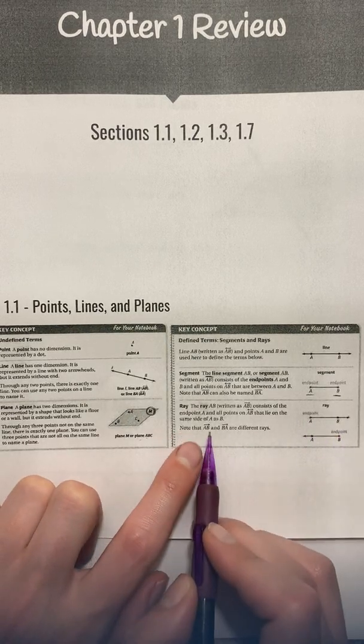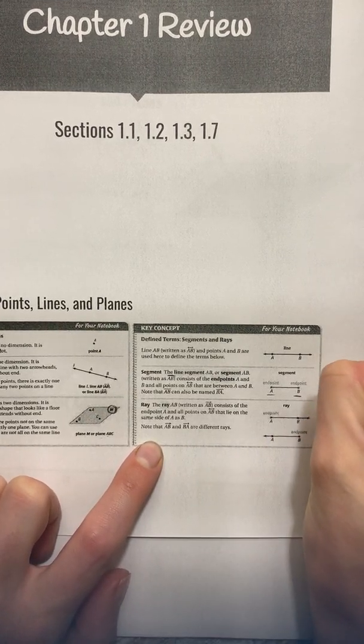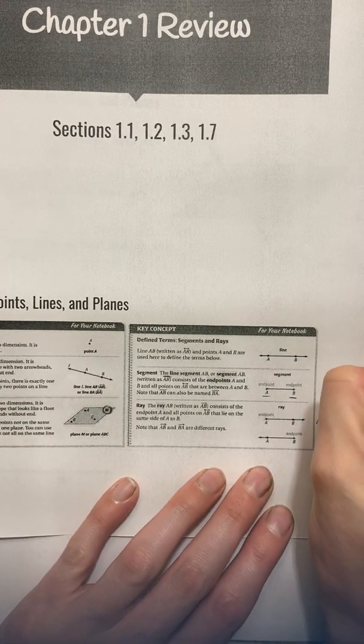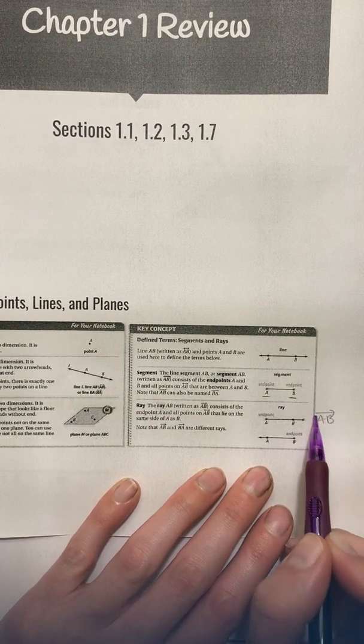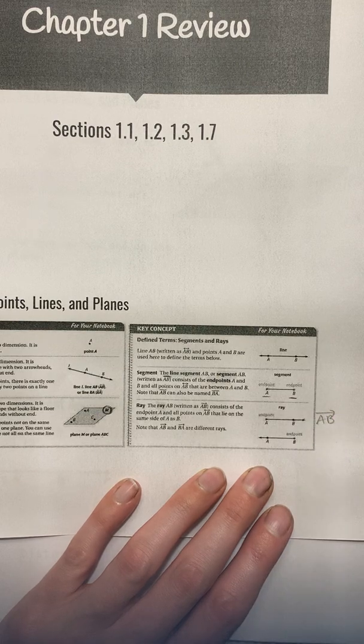And there's a little note here. So this ray, we would call ray A, B. Okay. And then our starting point there is gonna have that end point, and then we're gonna go through as a line. Okay.